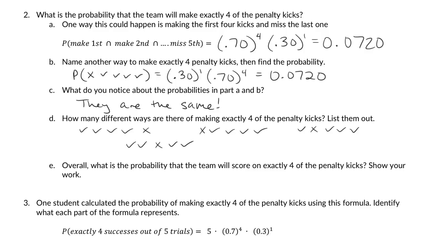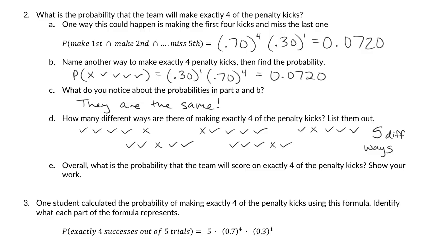Is there any other one? That's it. So how many different ways can this occur? 5 different ways. So there are 5 different ways for us to take 5 things and choose 4 of them to be our make the goals.